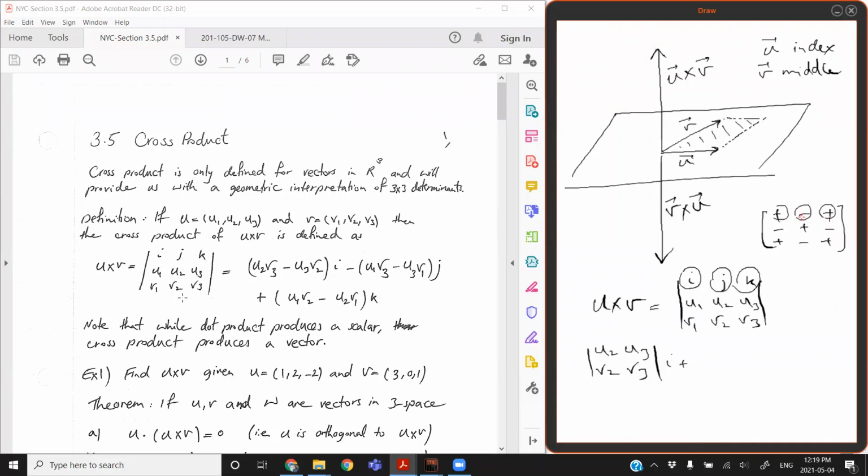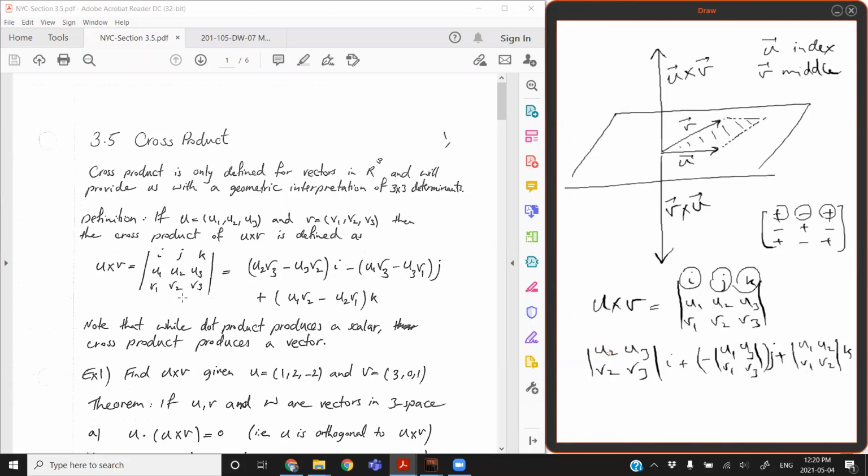Now, the minor for this position is going to be minus U1, U3, V1, V3, and then plus, so that times J. And then finally, the minor for this position is going to be U1, U2, V1, V2 times K. So if I just give you this, and then of course for each one of these, you can just use the arrow technique.